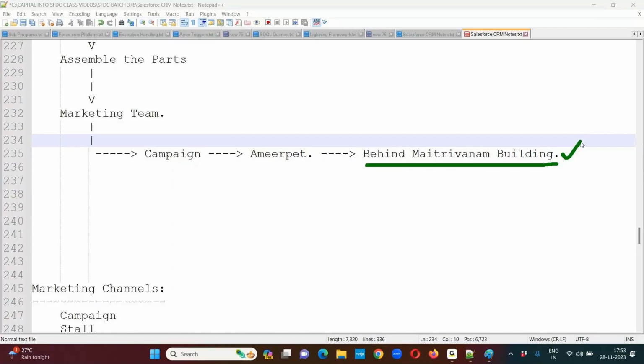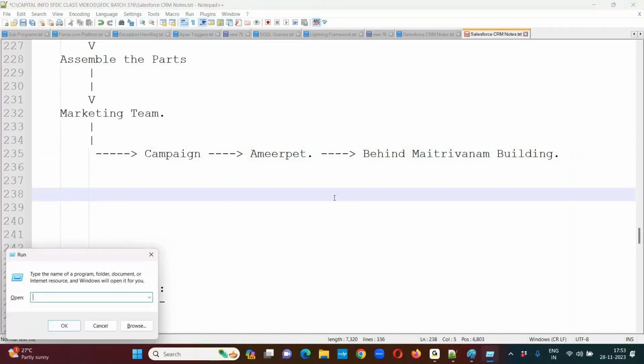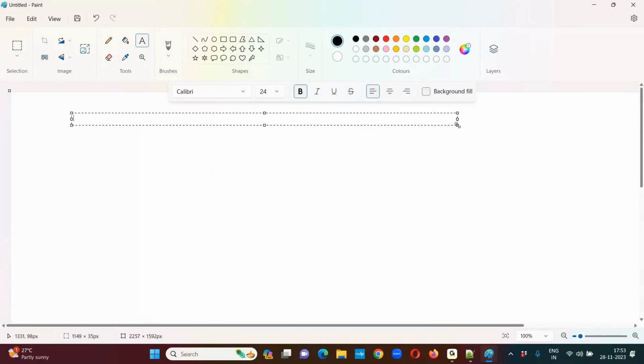Now let me explain. For example, during this campaigning, what is happening? Dell people want to conduct a campaign in Amirpet, behind the Maitrivanam building.